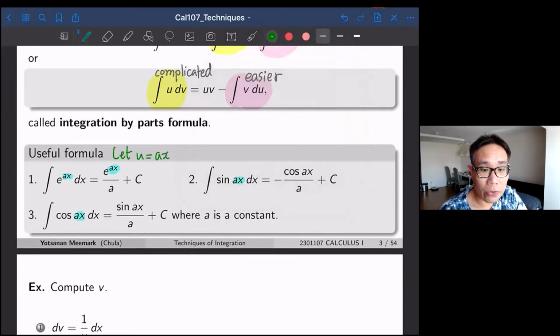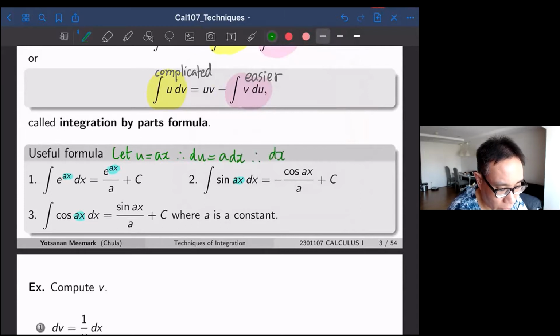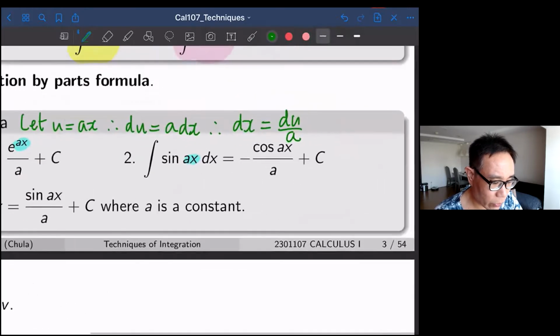You get du equal to a dx, so you'll be able to have dx equal to du over a, and you'll be able to obtain these three formulas.